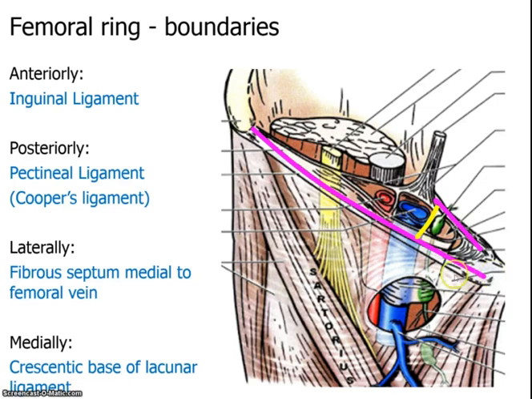If you look at the boundaries of the femoral ring, the femoral vein lies lateral to it.